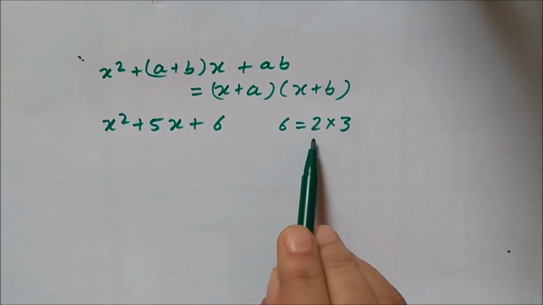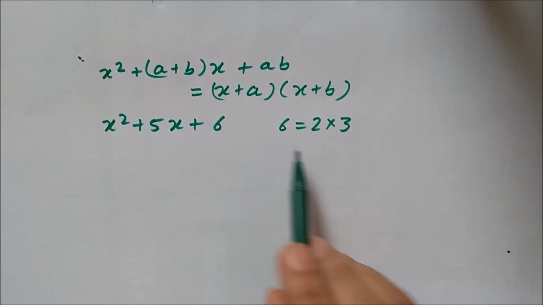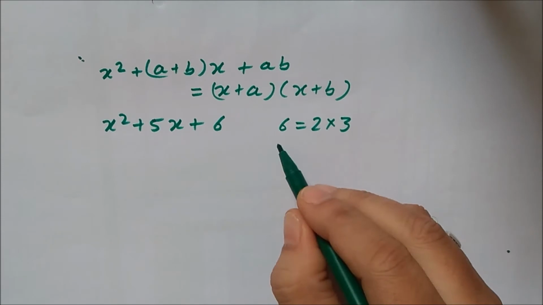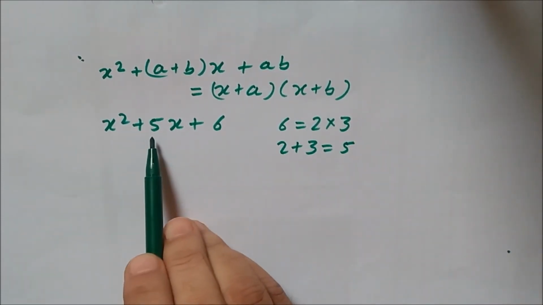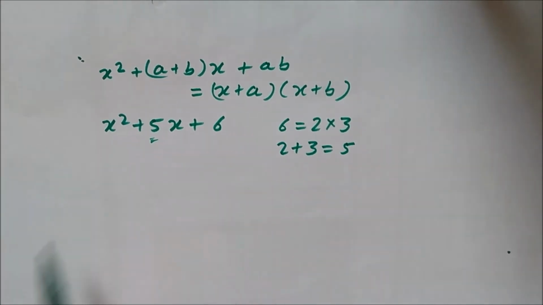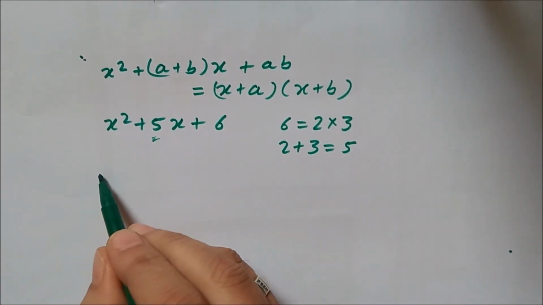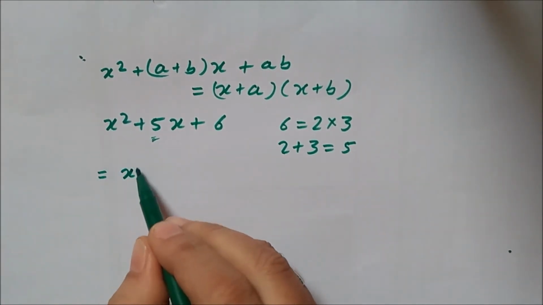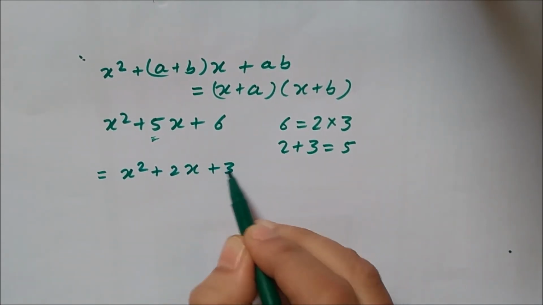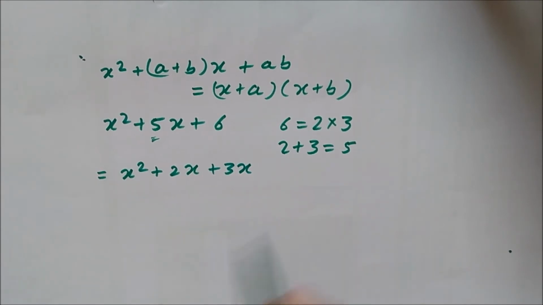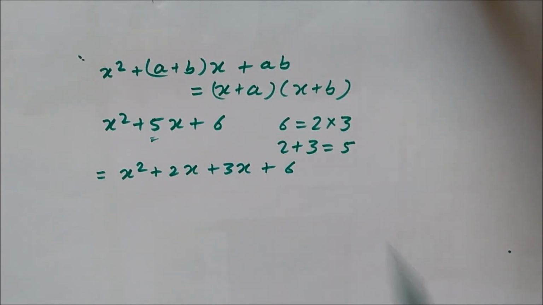And when we add these two factors of the last term, we find that 2 plus 3 is equal to 5. That is equal to the middle coefficient here. Now we can express this in the form of x square plus 2x plus 3x plus 6.